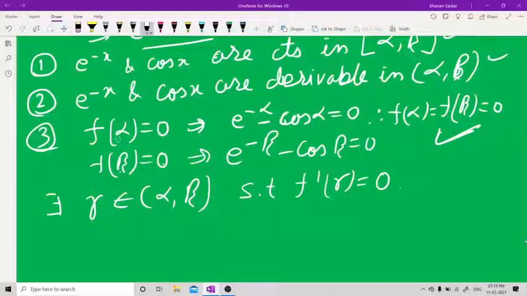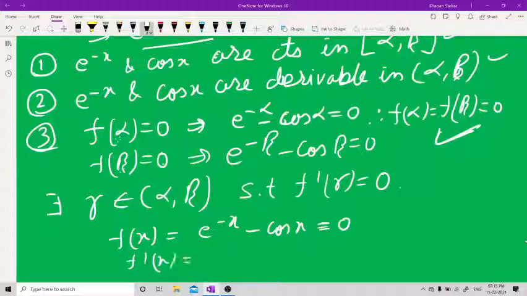Now what is f(x)? You wrote f(x) as e to the power of minus x minus cos x, and this was 0. Take f dash x: the derivative of this is minus e to the power of minus x plus sin x equal to 0.